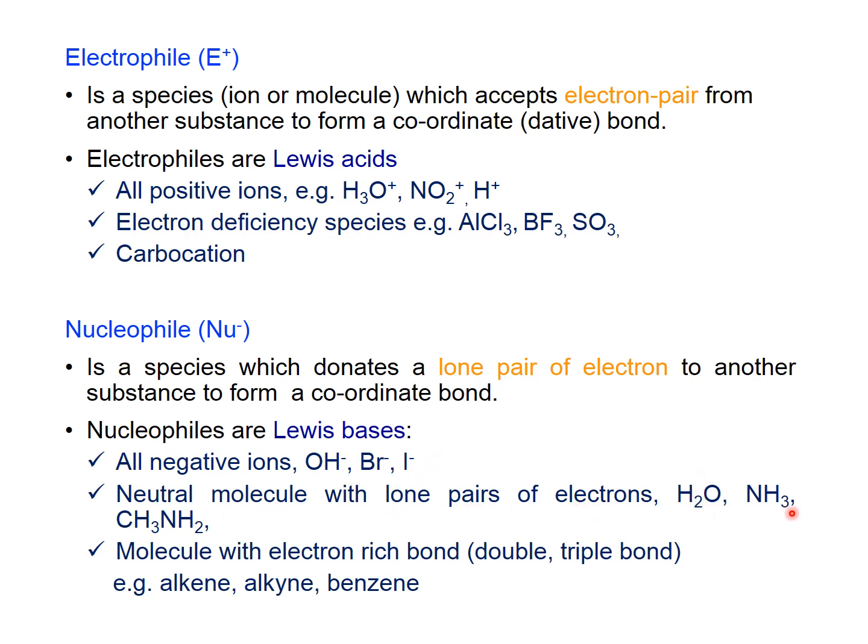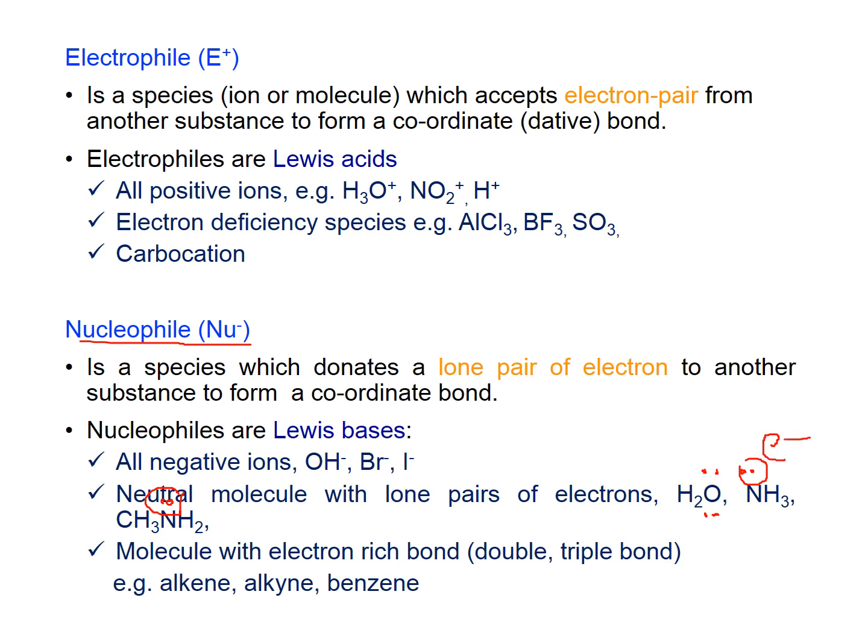So water ada 2 lone pair, nitrogen pun ada 1 lone pair dekat sini. So all the species can act as a nucleophile sebab dia ada lone pair dekat sini yang membawa extra electron.